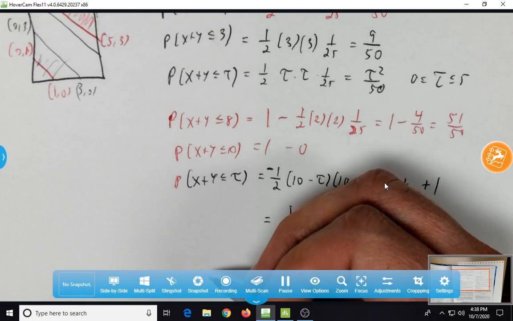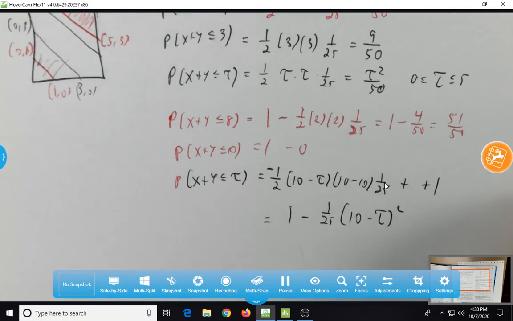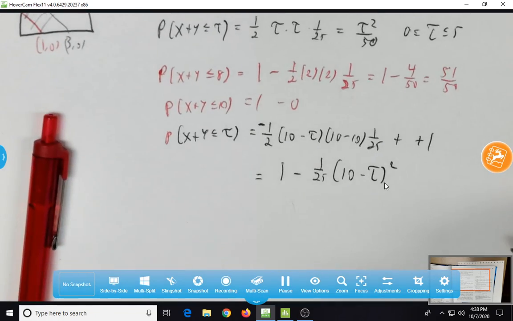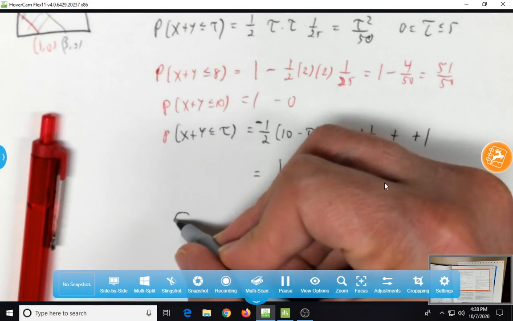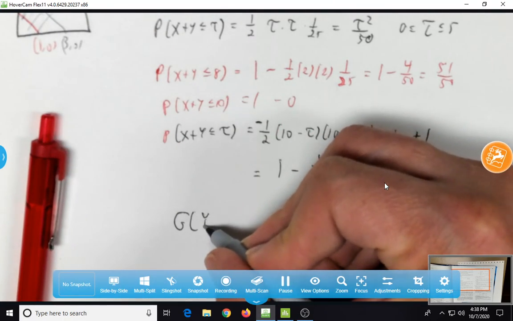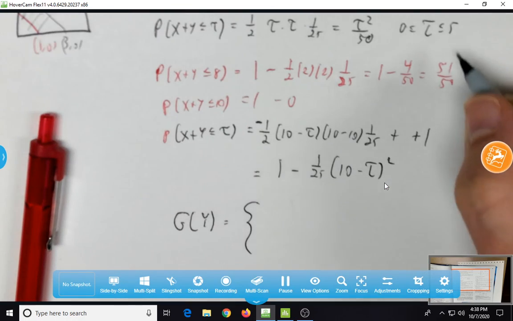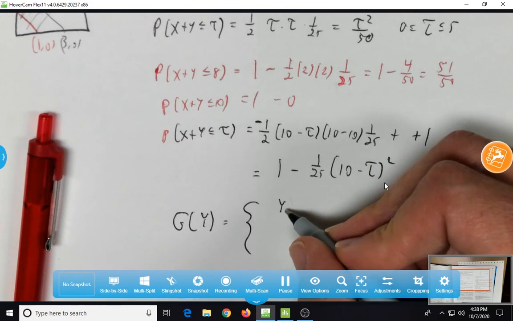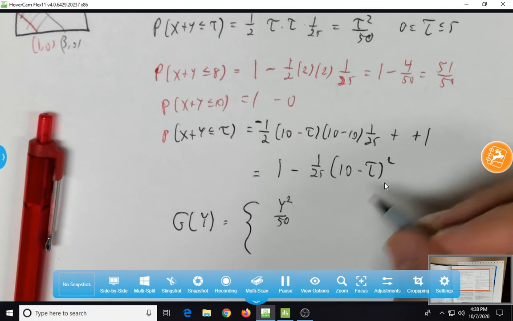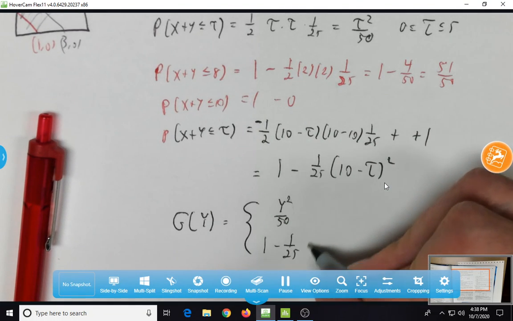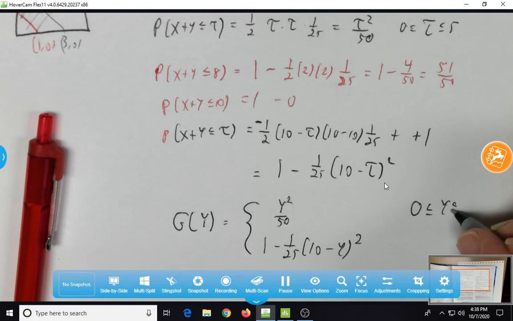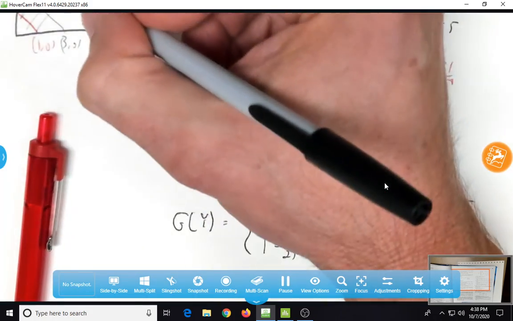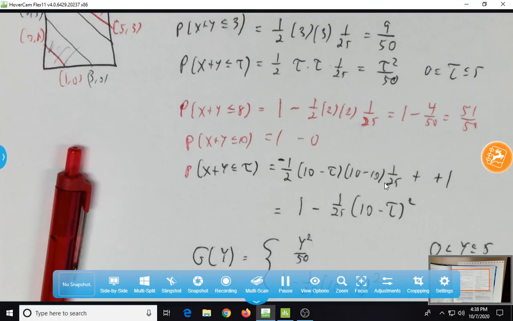Actually, I can't remember what variable it was in your homework, but we could call this G of y, which would be equal to big Y squared over 50 if y is between 0 and 5, and 1 minus 1 over 25 times (10 minus y) squared if y is between 5 and 10, depending on where we were on that square.